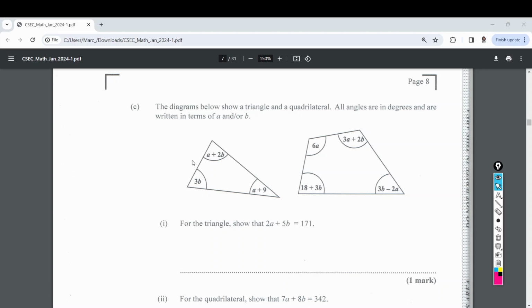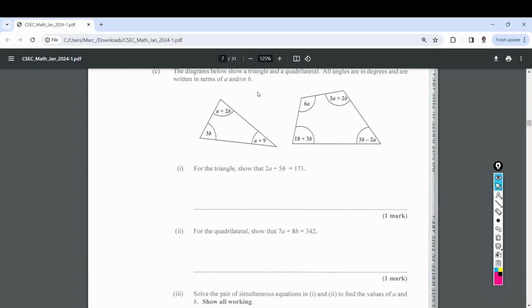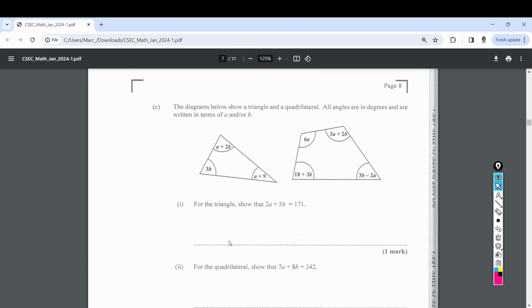Now the first question, part E 1, says for the triangle show that 2a plus 5b is equal to 171, and for the quadrilateral show that 7a plus 8b is equal to 342.